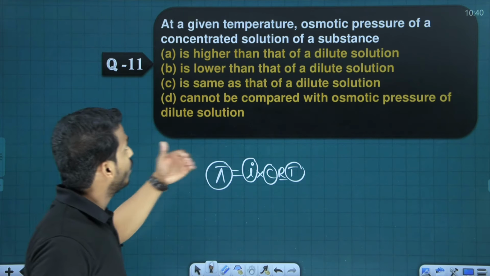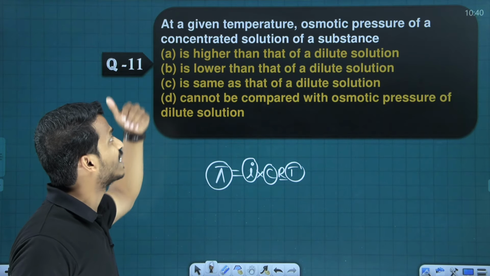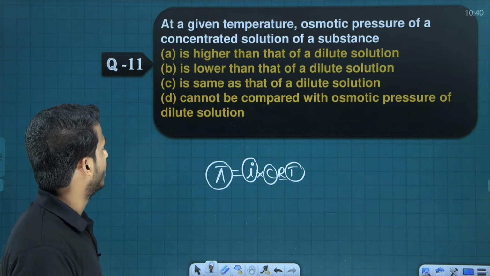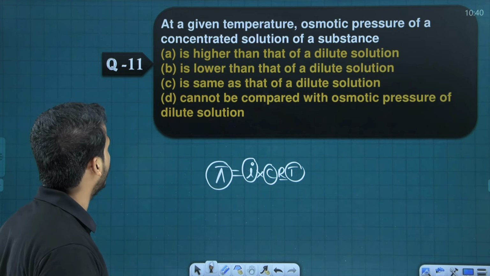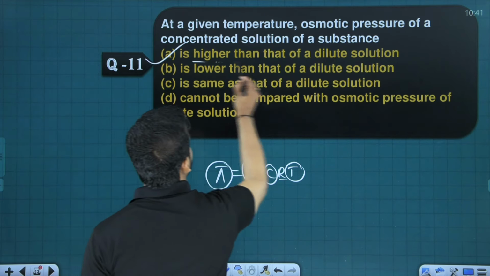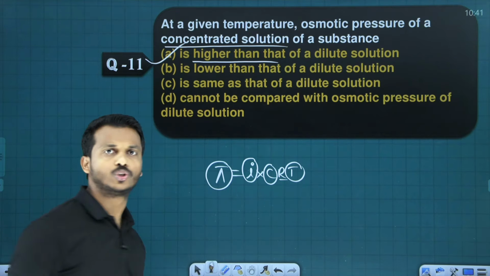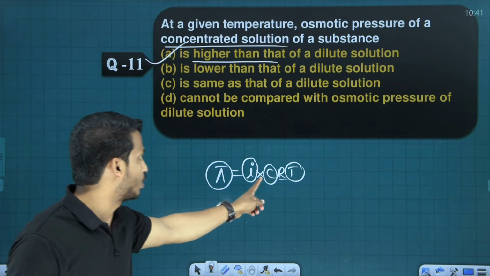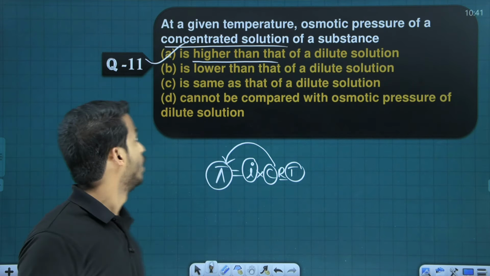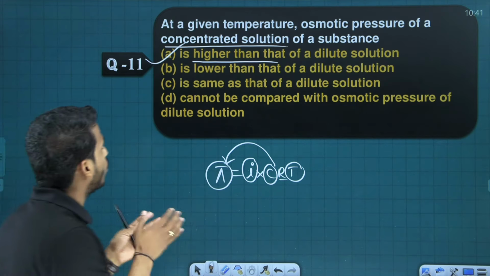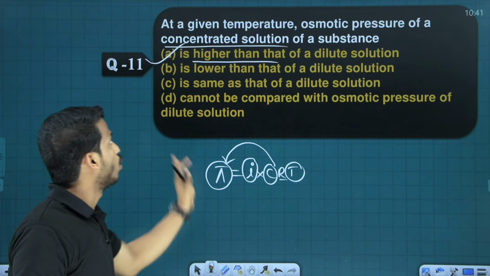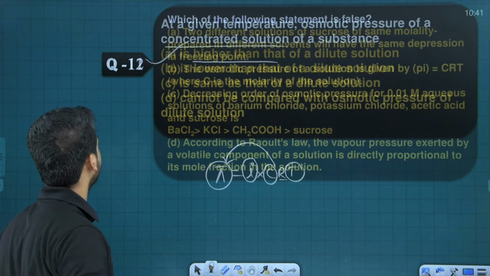So what can we say? It is higher than that of a dilute solution, because it is a concentrated solution. The more the concentration, the more the osmotic pressure. So as concentration increases, osmotic pressure will be higher than that of the dilute solution.